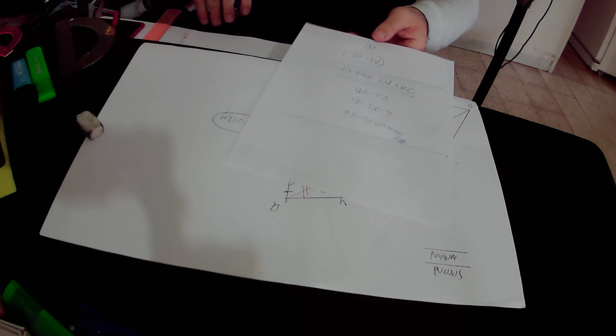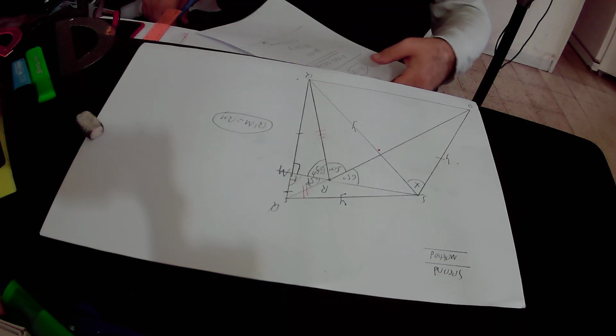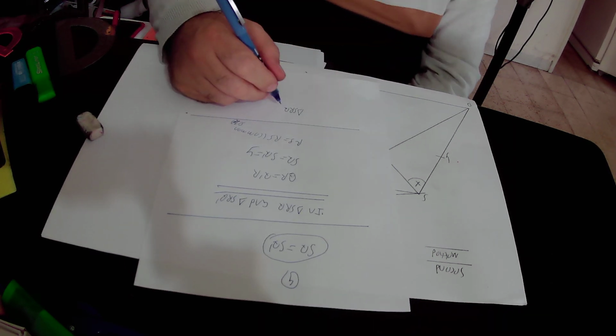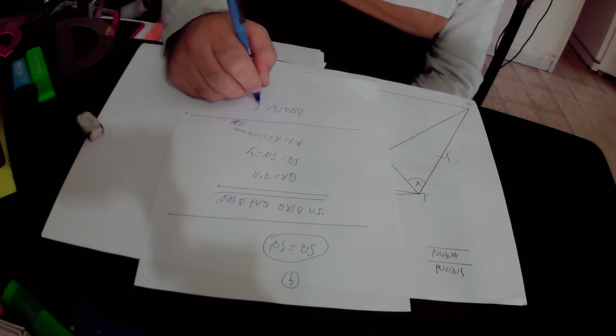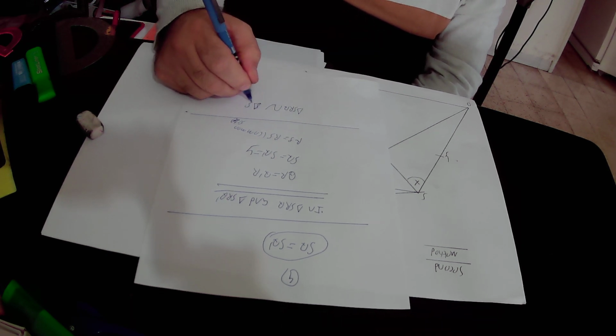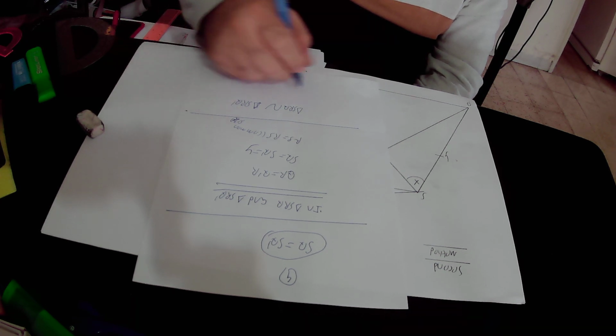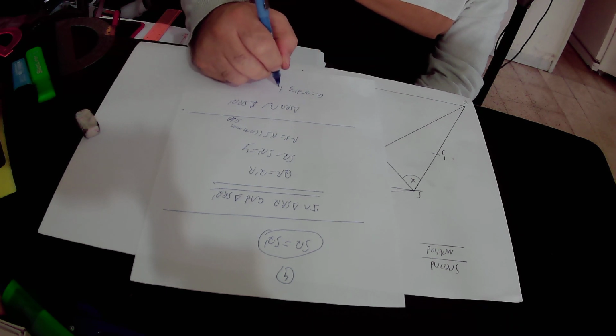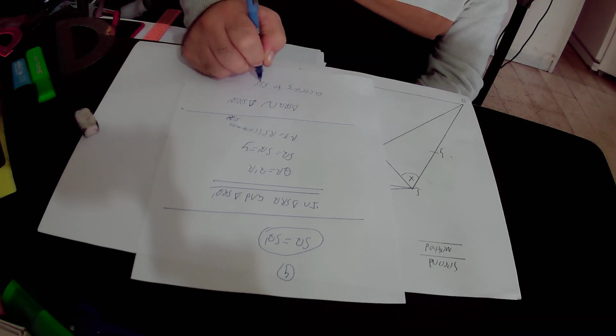So we actually proved the triangle SRQ is congruent to triangle SRQ dash, according to side side side rule. We proved the triangle SRQ congruent to triangle SRQ dash according to side side side rule.